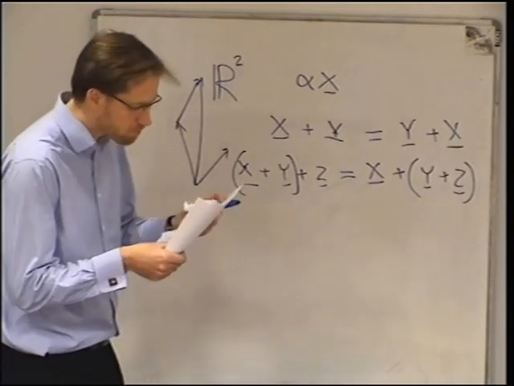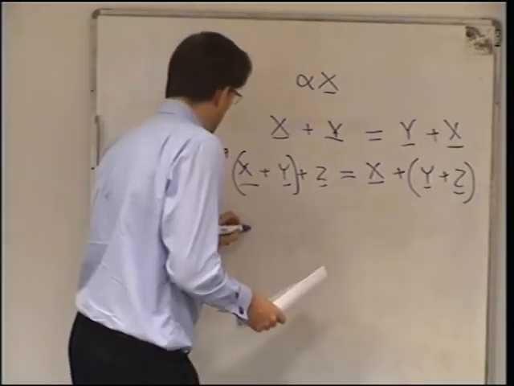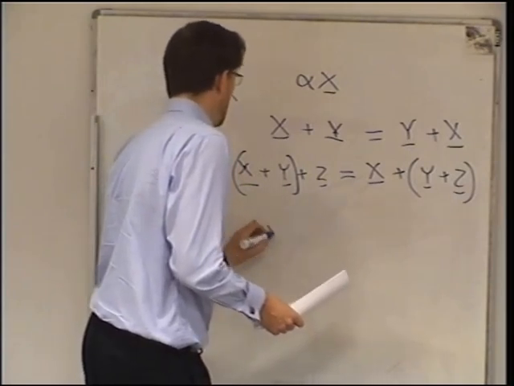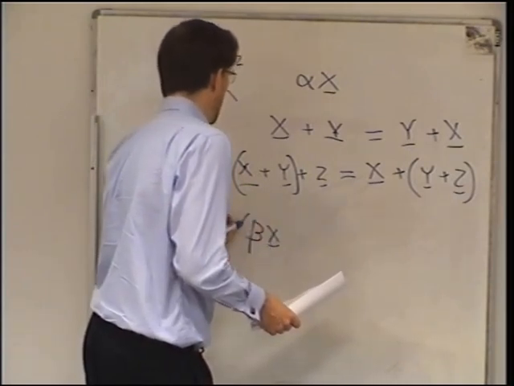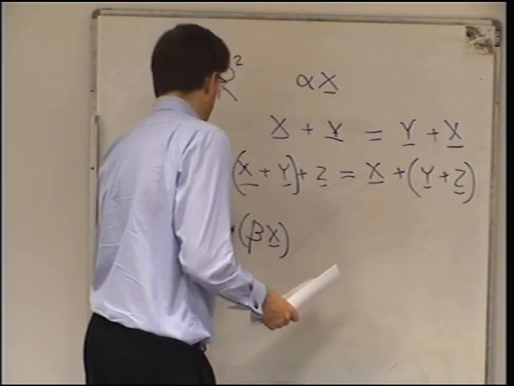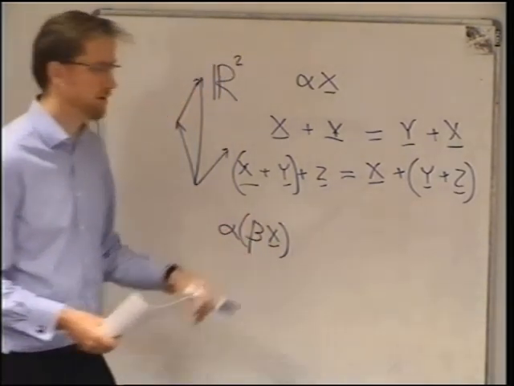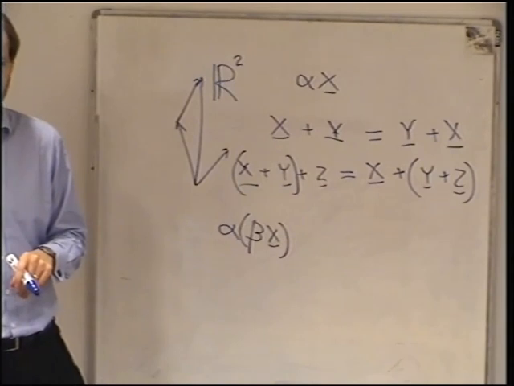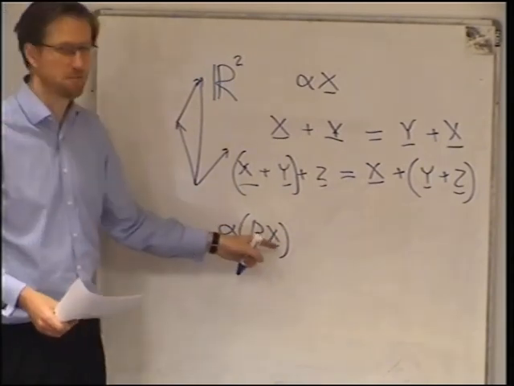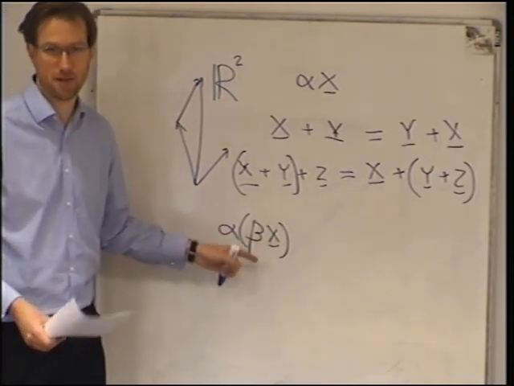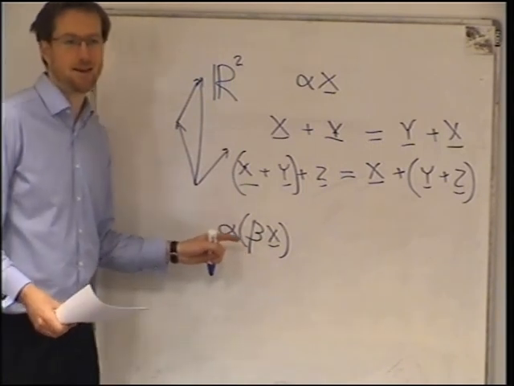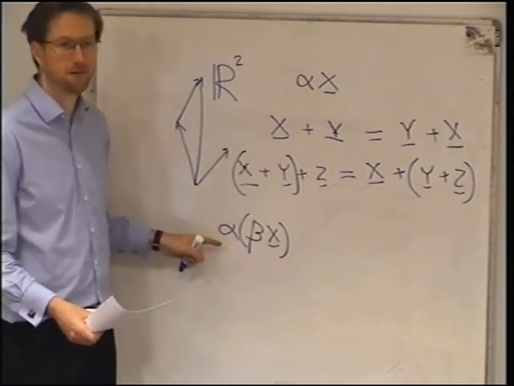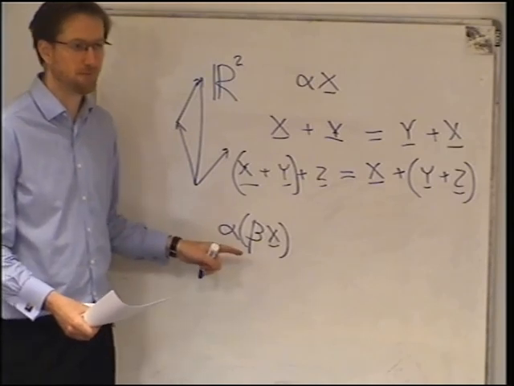The reason for that is that if I write beta times x and then multiply it by alpha, I haven't done a real number multiplication. I've multiplied beta times x, and beta times x is not a real number, it's a vector. And now I've multiplied it by alpha times that new vector.